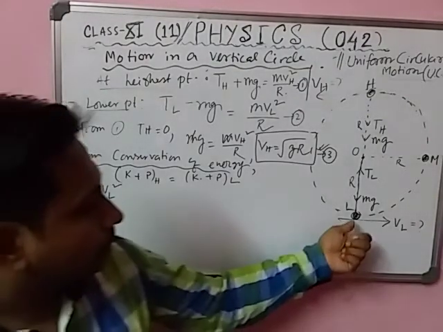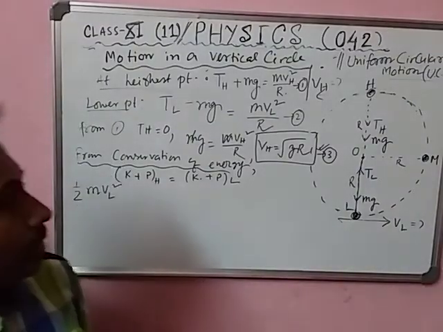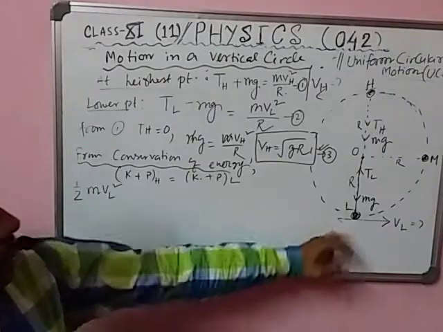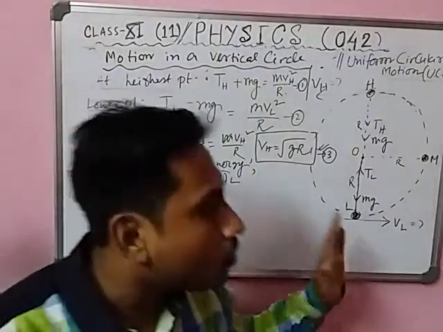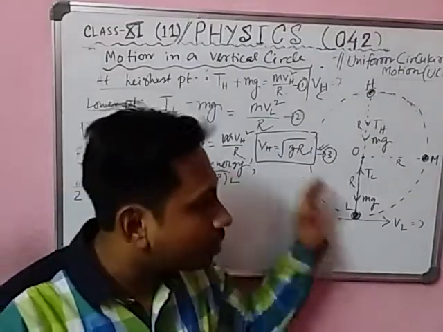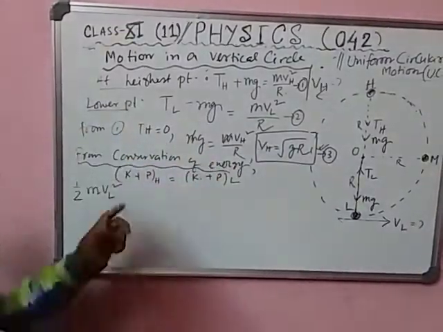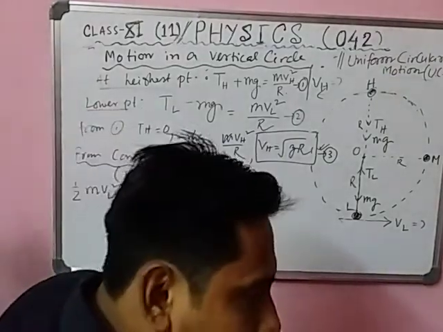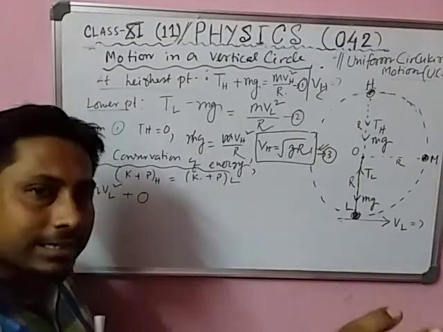Now, this is the lowest point. At the lowest point there will be no height, so the potential energy is 0, because potential energy means mgh.